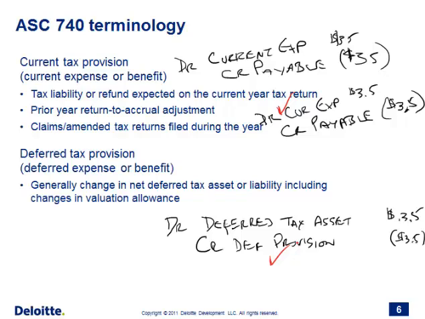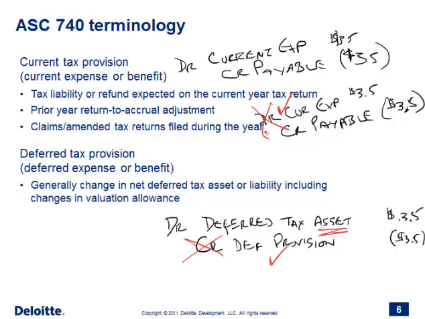So over time, if there's $10 of book expense, I ultimately save 3.5 of tax. However, I may not save that tax immediately, and so I'm going to book a deferred tax asset in the interim. So if you netted down all these entries, you can see that this provision entry and that provision entry actually offset.